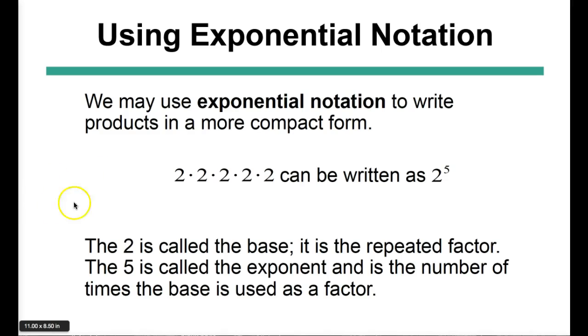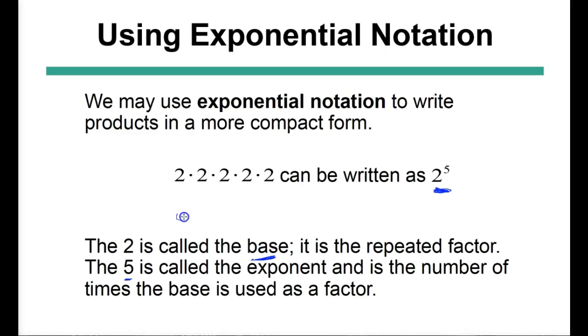So in this example, if we have 2 and we want to multiply it times itself 5 times, then a more concise way of writing it is as 2 raised to the 5th power, okay? Where 2 is called the base in this example, and 5 is called the exponent. Sometimes it's also called the power as well.